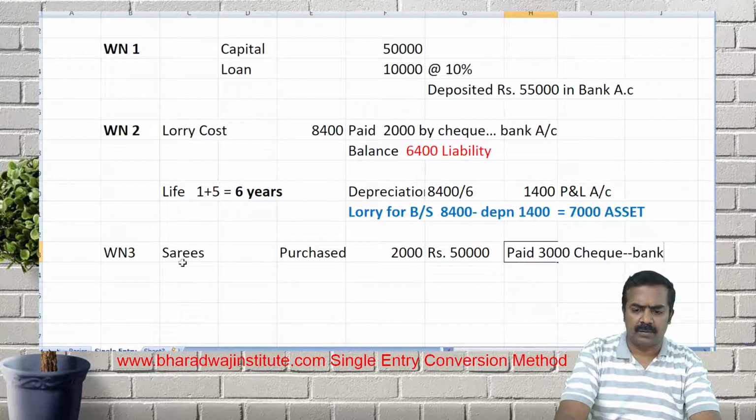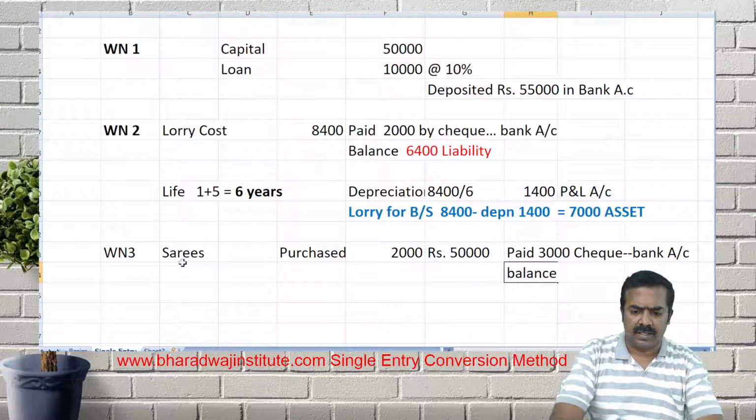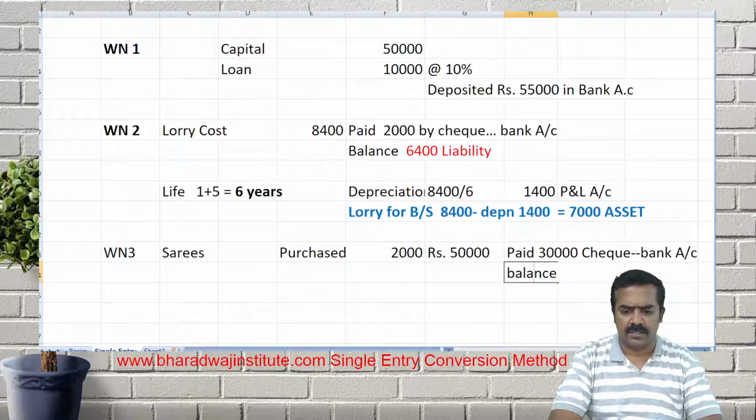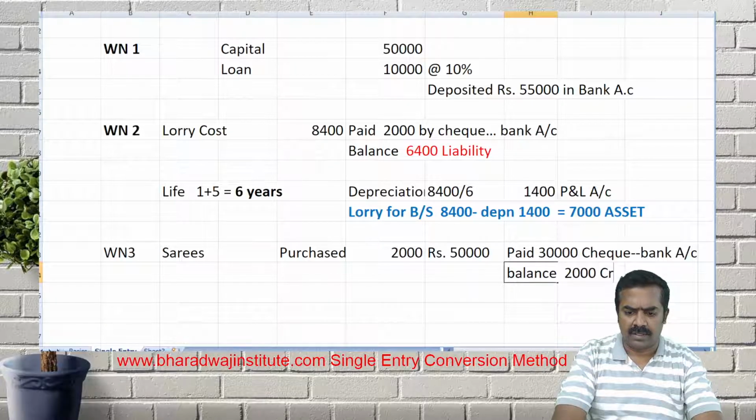That will come in bank account. Balance out of 50,000, 30,000 is paid. Balance how much? 20,000. Creditors. It will appear on the liability side.